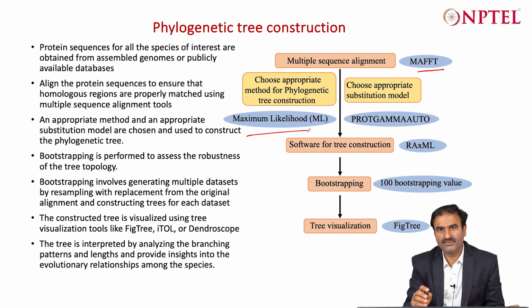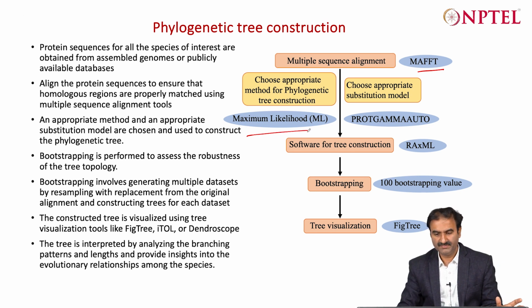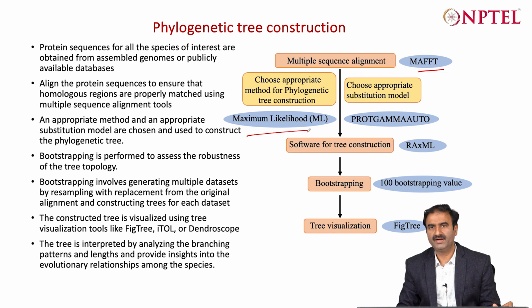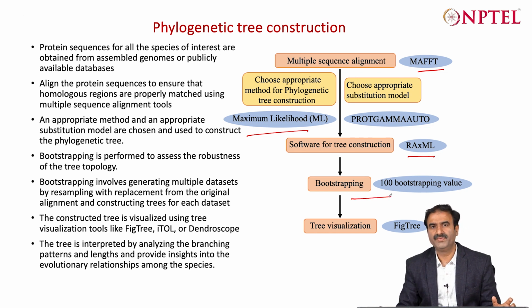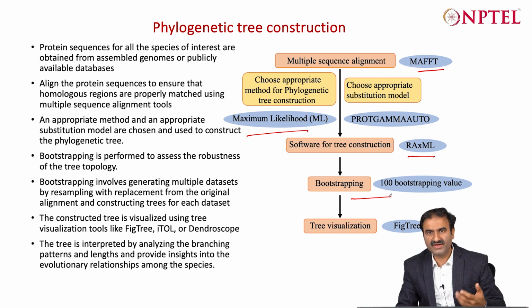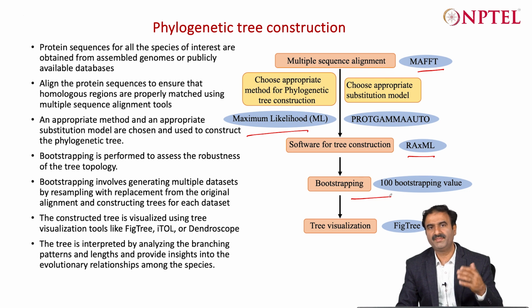For example, maximum likelihood is one of the models that is preferred. Then you will use software to construct the tree, such as RAxML or PHYLIP, etc. Bootstrapping is done because bootstrapping means iterations: using subsets or subsampling, you repeat the analysis so that you can confirm that the species you observed at a particular position in a tree appears at the same point every time.